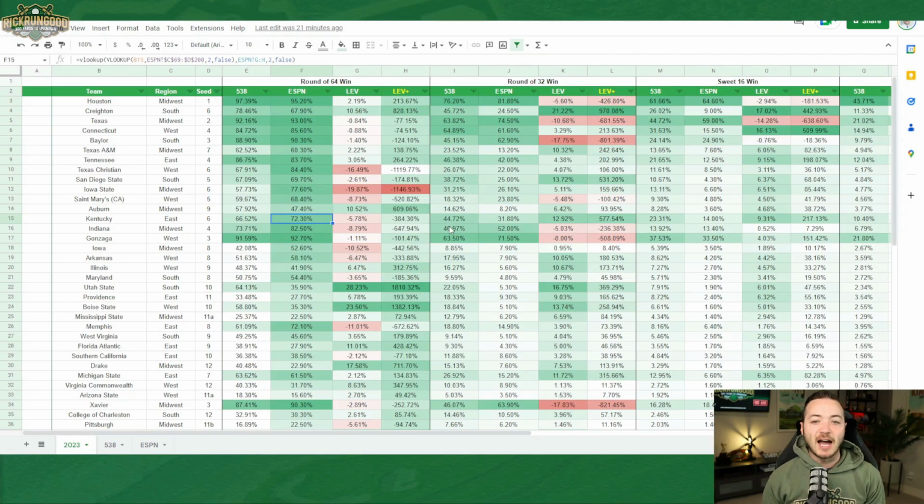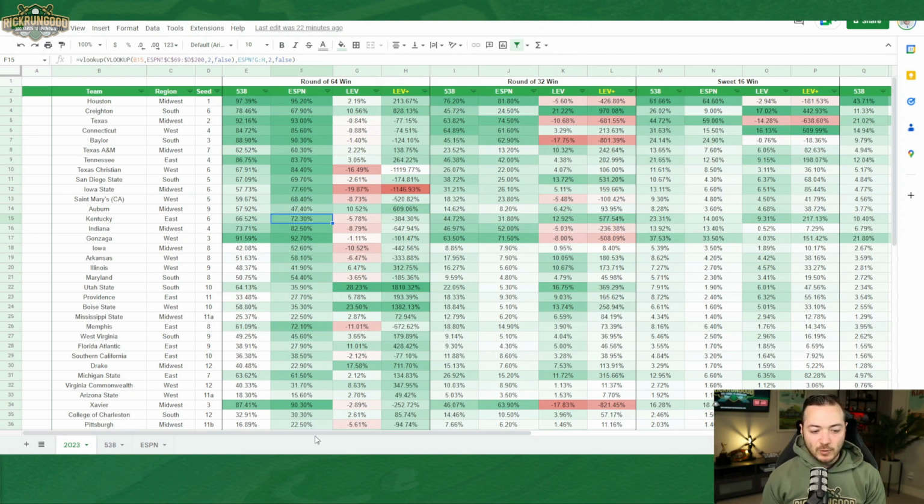I've made it look pretty. I've put some leverage stuff in here. I will obviously walk you through this spreadsheet. A couple of notes. I have made this Excel spreadsheet available via download. If you want to download this and mess around with it yourself, you can click the link in the description. I will also show you how to update this when we get to the end. But this is where the magic happens.